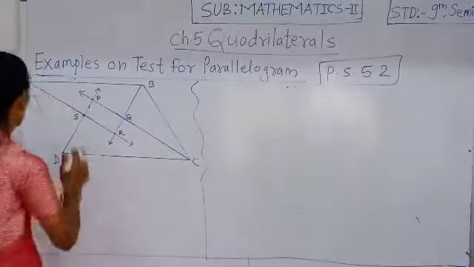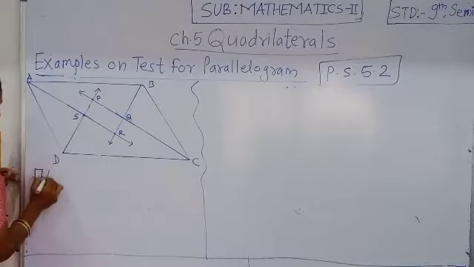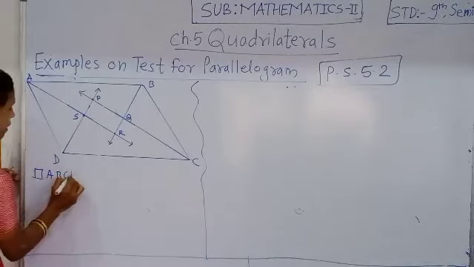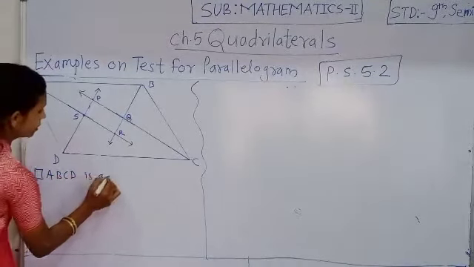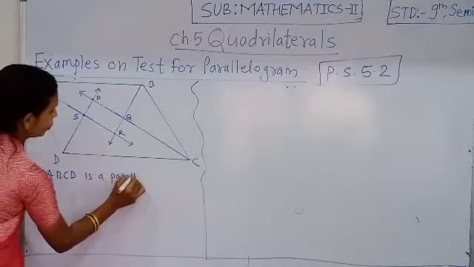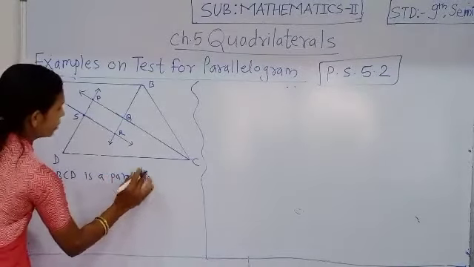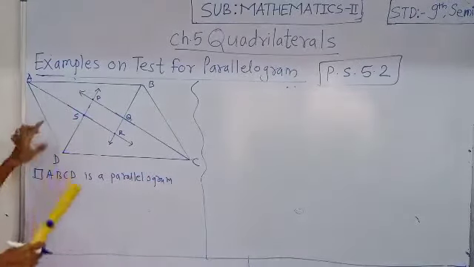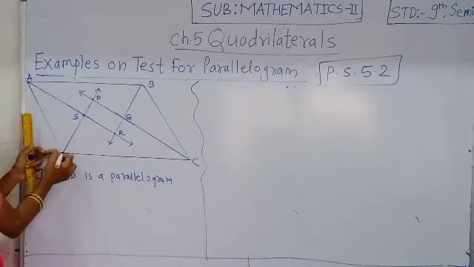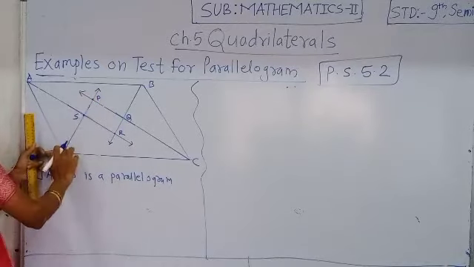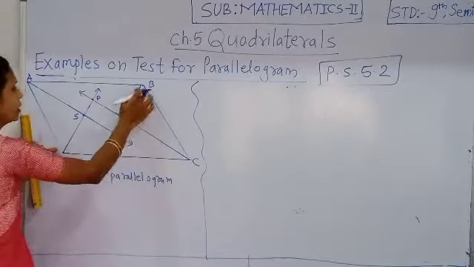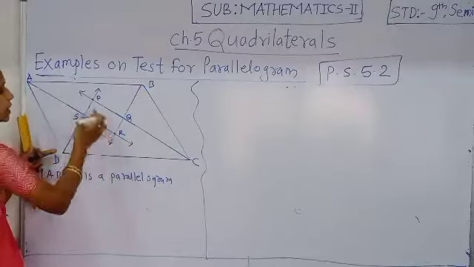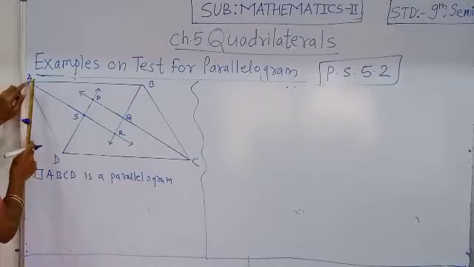See here, quadrilateral ABCD is a parallelogram. And the angle bisectors of every angle of the parallelogram are given here.